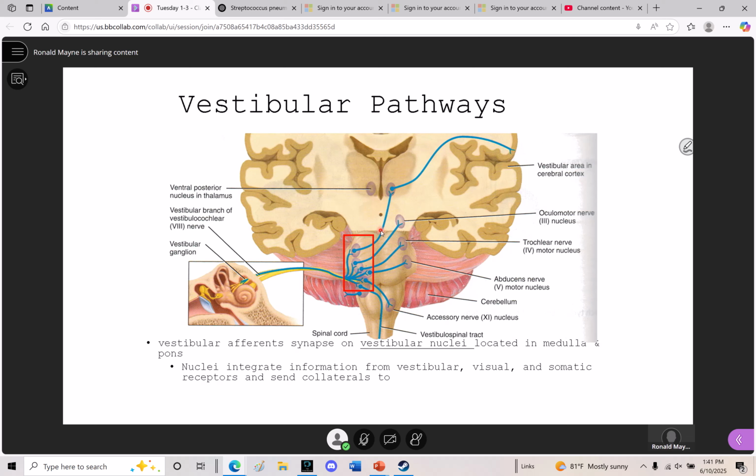All right, same name. Go figure. These ascending fibers go to nuclei that control eye movement. So you see it going to the abducens, trochlear, and oculomotor. They're going to move your eyes when your head moves so that you don't lose what you're looking at.